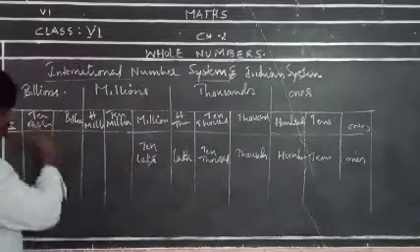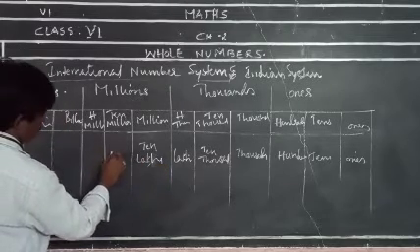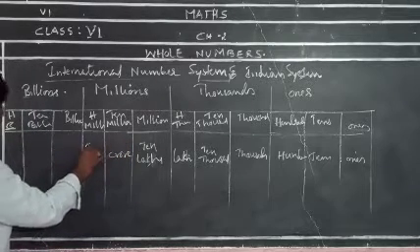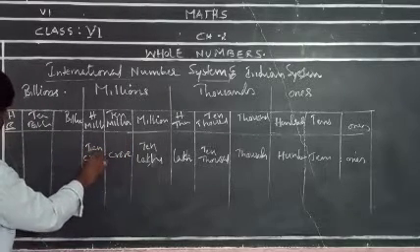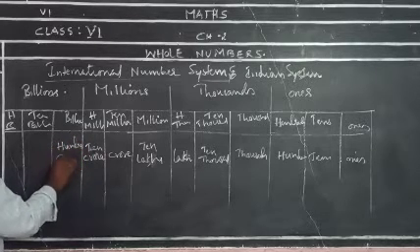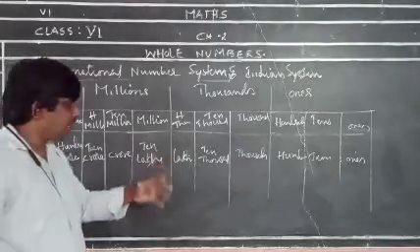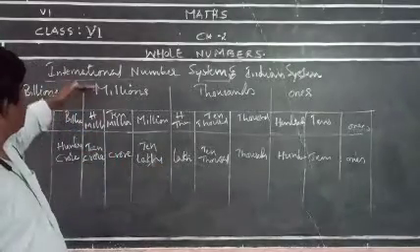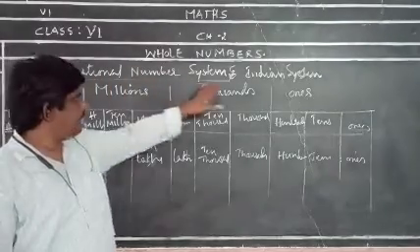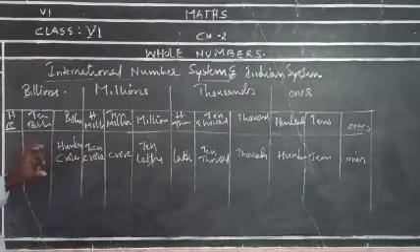10 lakhs, after that crore. Next 10 crores. Next you will get 100 crores. By this way we can directly give the relation between the international system and the Indian system. What is the meaning of that relation?